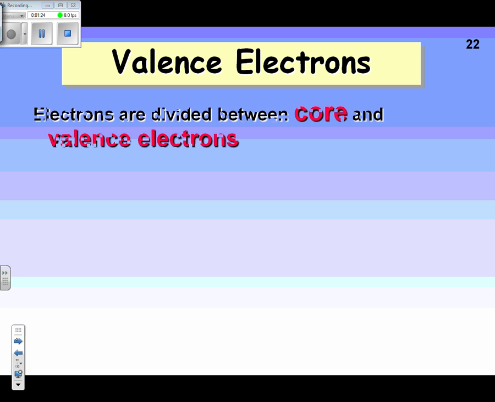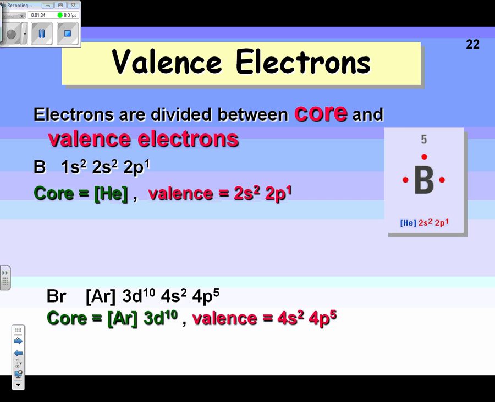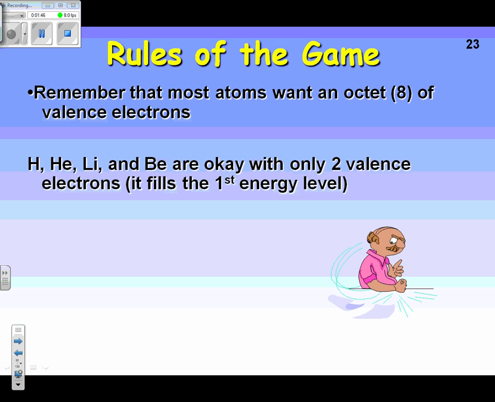So we have core and valence electrons. Really, in bonding, the reason why atoms act a certain way is because of the number of valence electrons. That's why all the alkali metals act a certain way, and all the alkaline earth metals also act their own particular way. It's because of the number of valence electrons. And we can get that from the periodic table.